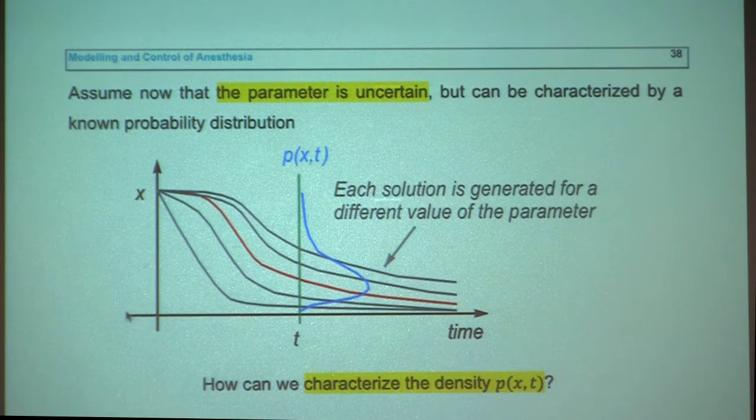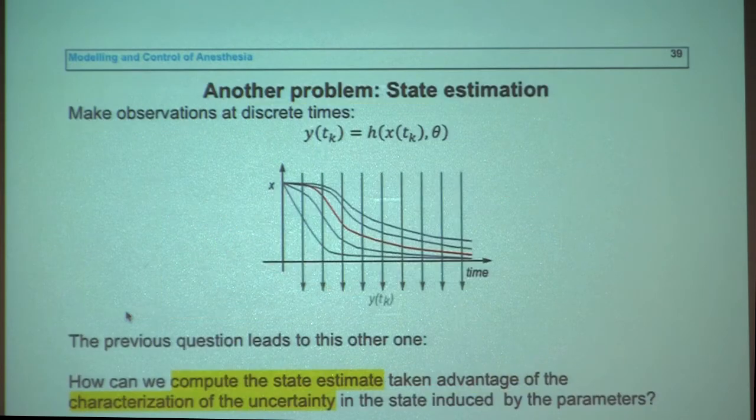Okay, how can we characterize this? So the answer is, okay, before the answer, you can also ask this. Suppose that you solve this problem, and you start doing observations, some function h, which is a function of x and theta. So you observe this y at discrete times. Okay, you can ask what is the probability of the state given the observations of y. Okay, so you have these two problems.